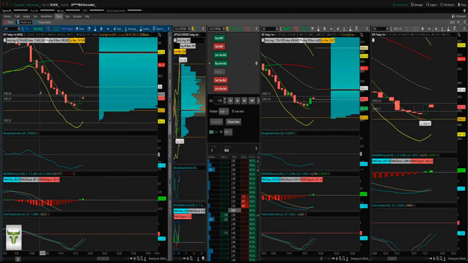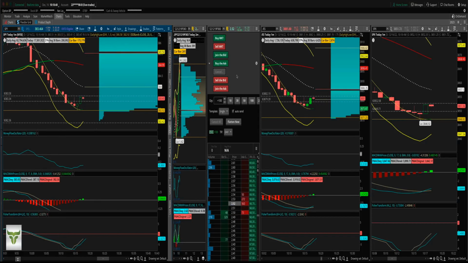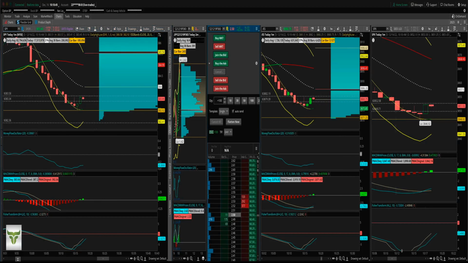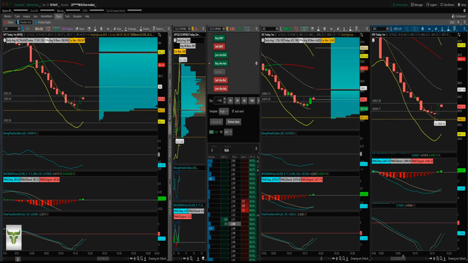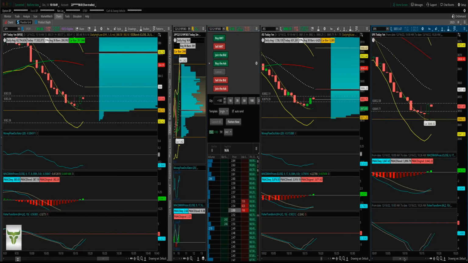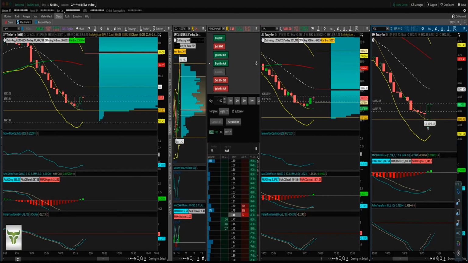That's the resistance, 383.58. So you got a spinning top forming here in this candle right here. Everything's switching.